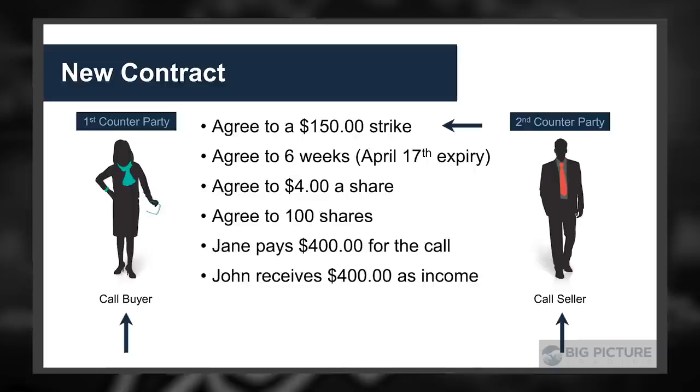Now, they agree upon a 6-week time frame. So they're agreeing on an April 17th options expiration. So not only does Jane have the right to buy the GLD at 150, she has 6 weeks to decide if she wants to buy it at 150. And she actually has the right, as an American-style option, at any point to call in or exercise her right to buy those shares.